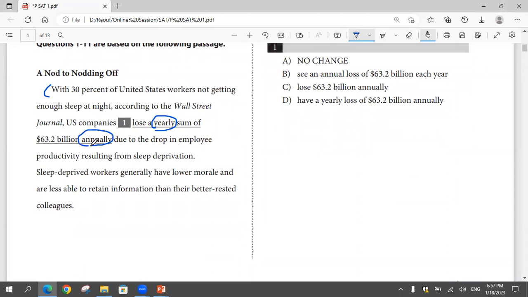Don't you think the word yearly and the word annually are the same? Yes, they are. So answer A has redundancy. Answer B also has redundancy here with annual and each year. Answer D also has a redundancy in yearly and annually again. So the correct answer is C, which has no redundancy and which is clear and correct.